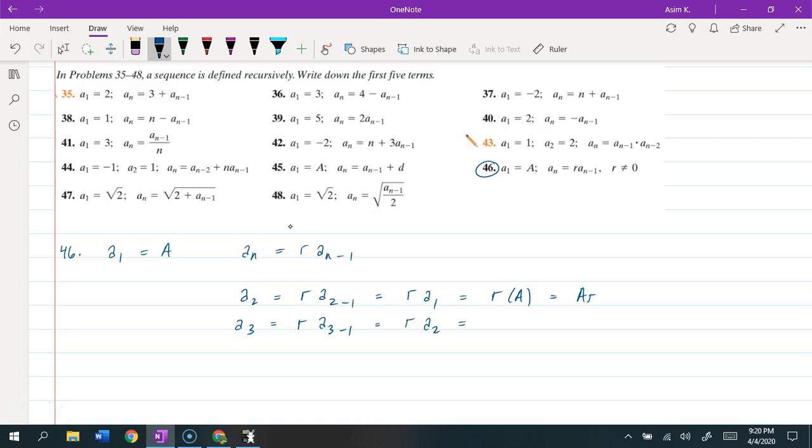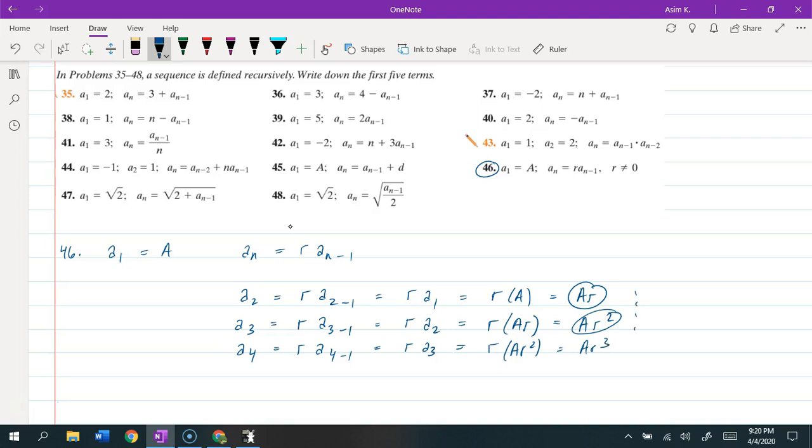And a sub 2, we just found it, a sub 2 was ar. So you're multiplying r and ar, and you end up with ar squared. All right, a sub 4. R times a sub 4 minus 1 gives you r times a sub 3. And we just found a sub 3, so r times a sub 3 is going to give you ar cubed.